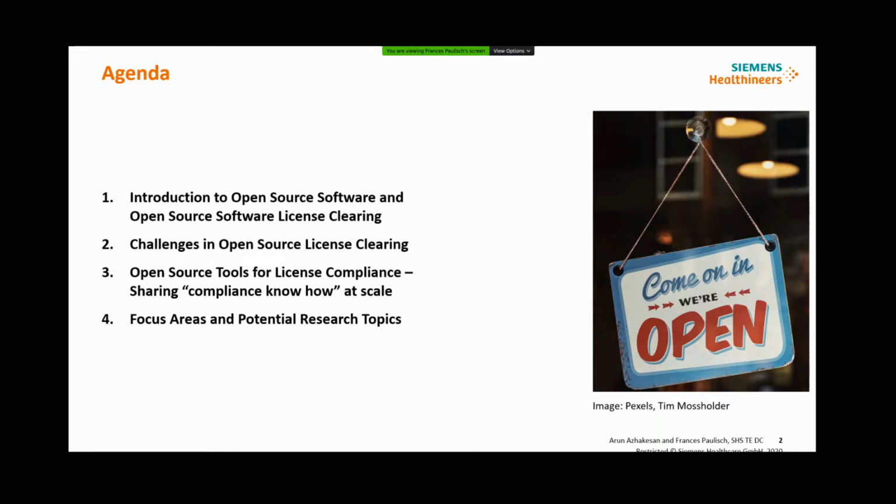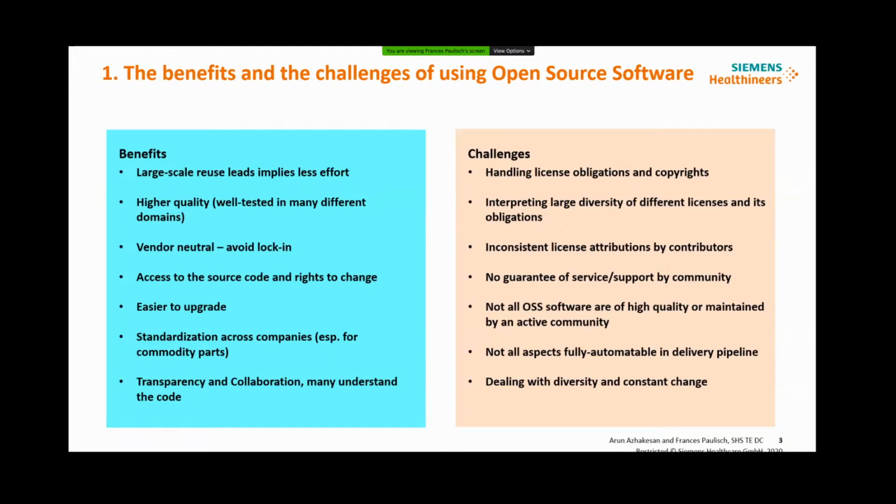And of course, because of the growing amount of open source software that is in our products, it's important to try to automate this topic. And overall, the reason for this large growth in open source software is that if you choose the communities and the components that you work with carefully, you can actually have large scale reuse, a lot less effort, often very high quality.